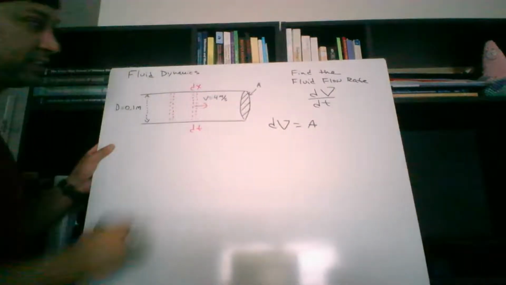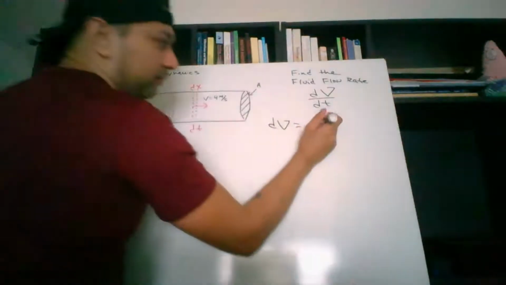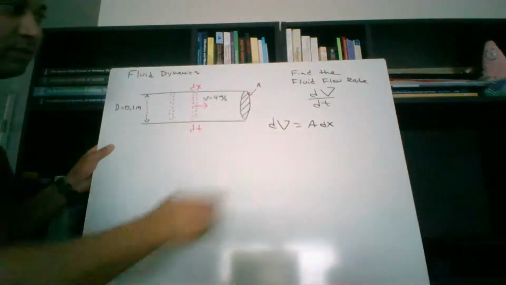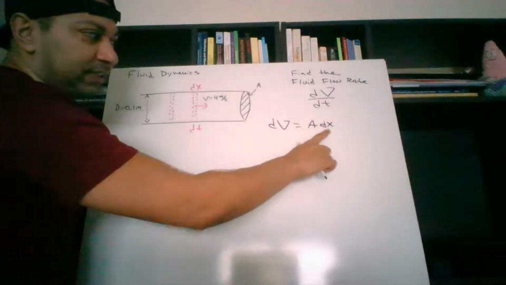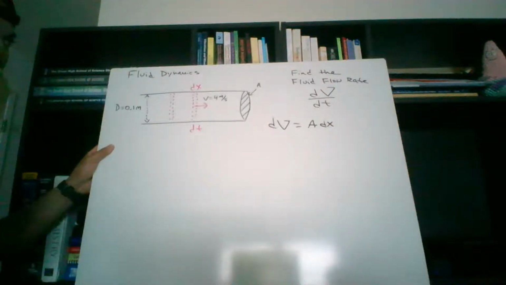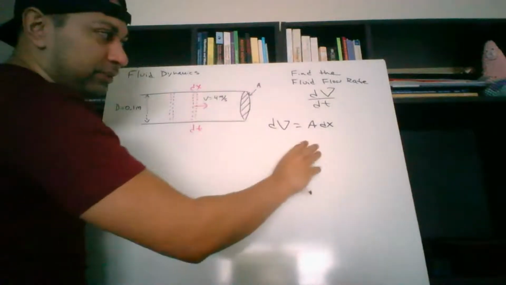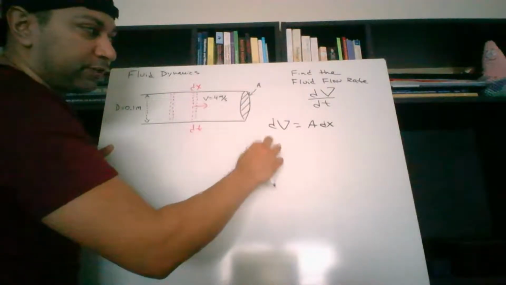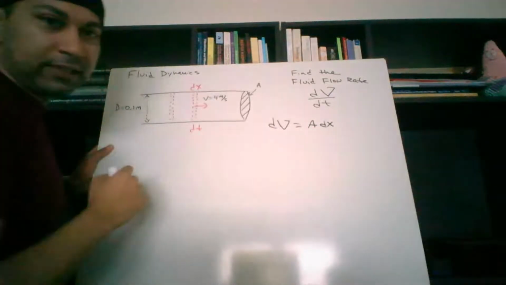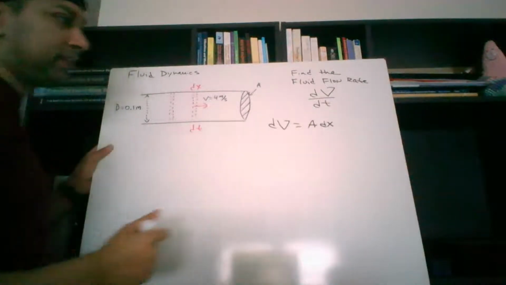We need to move it by some displacement dx. So A times dx will give you dV, an incremental change in the volume. Hopefully that's nothing too difficult to understand. If we were just looking for volume, it would be A times x, but we're looking for the incremental change in the volume. So dV is equal to A dx.